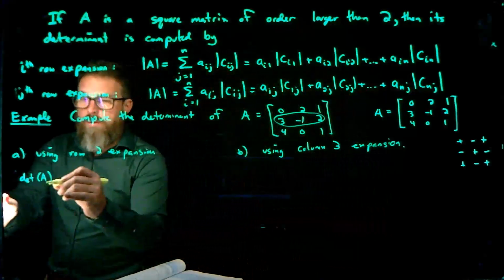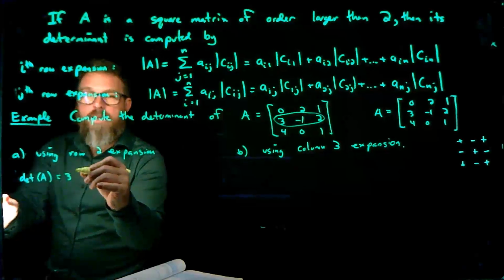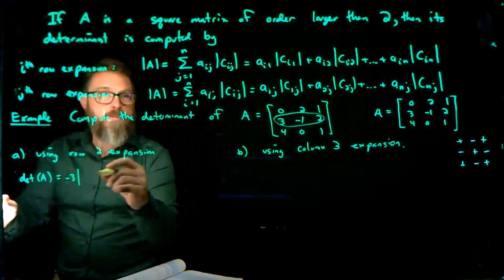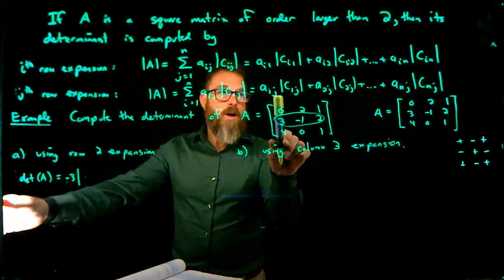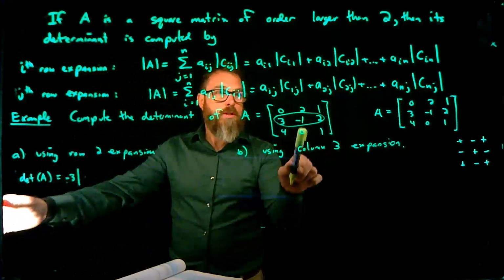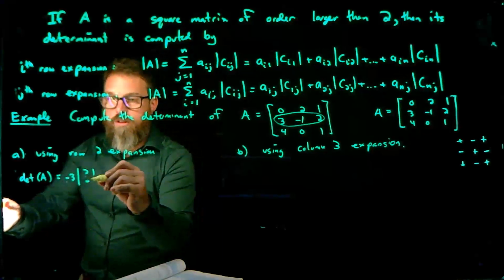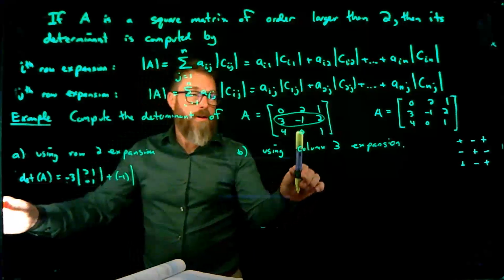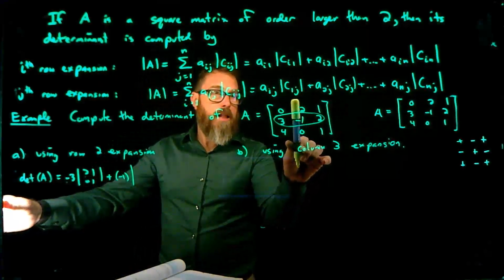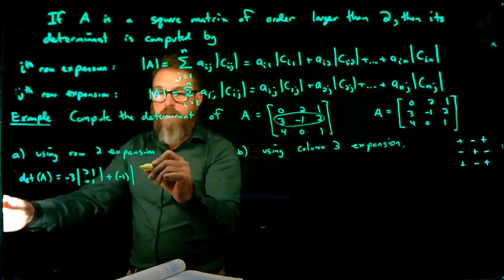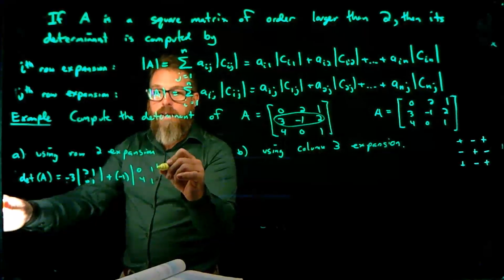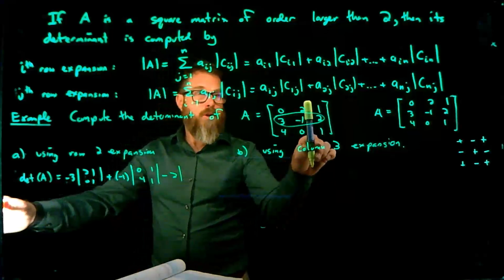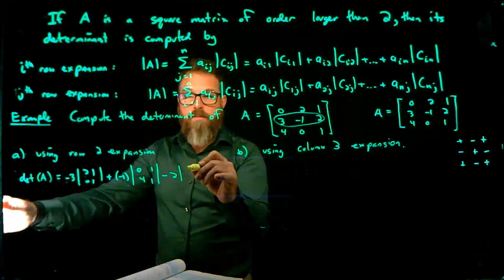So what we know is this is going to be equal to 3. Well, actually, I'm sorry, it's minus, so we're going to have minus 3 times the determinant. Now, when I cover up that column, 2, 1, 0, 1. Now, plus it's going to be that negative 1 times the determinant of covering up that column, 0, 1, 4, 1. And then it's going to be minus this 2 times the determinant of 0, 2, 4, 0.